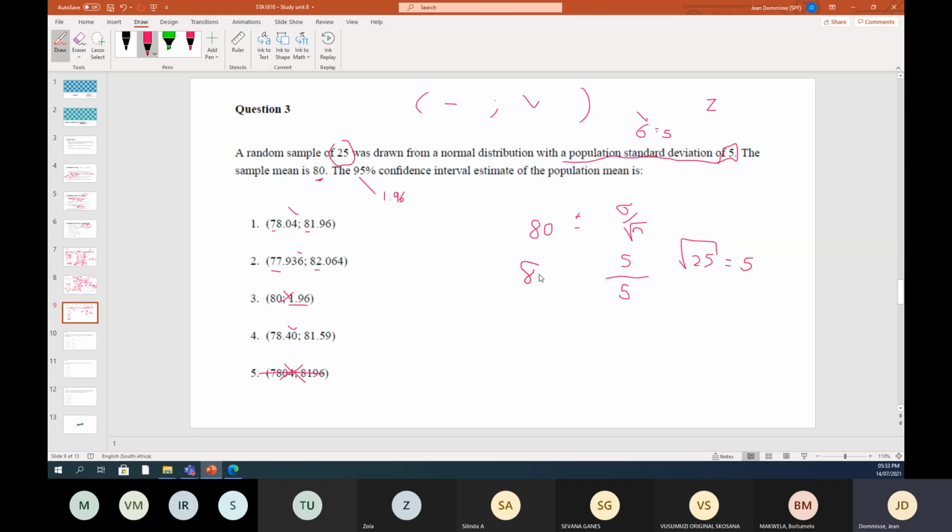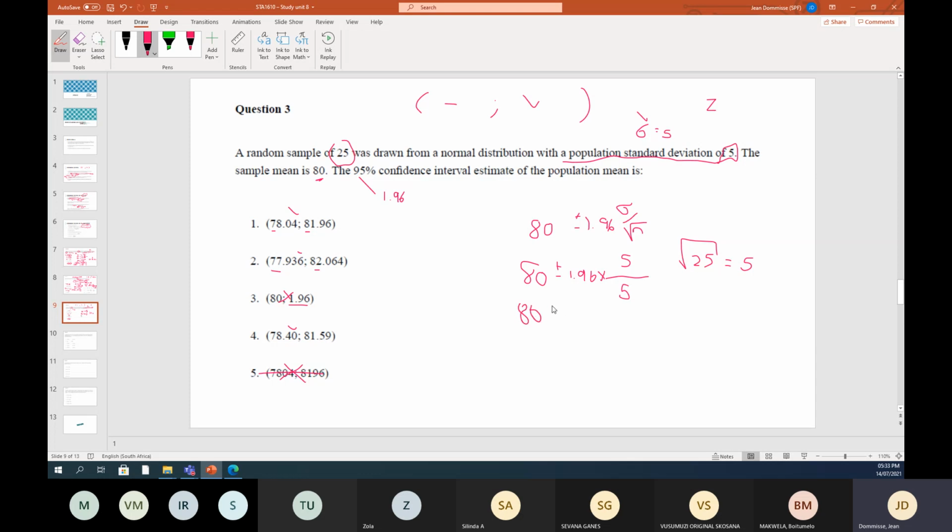So we're working with 80 plus minus 1.96 times 5 over 5, which is 1.